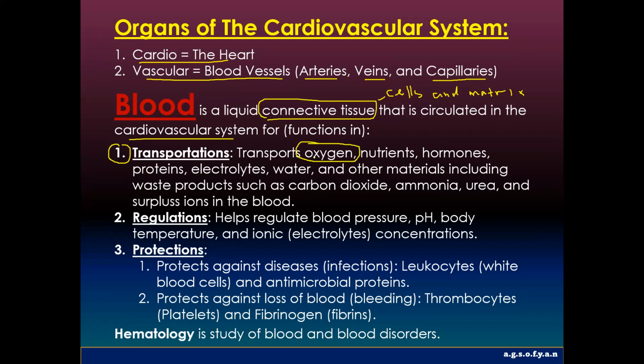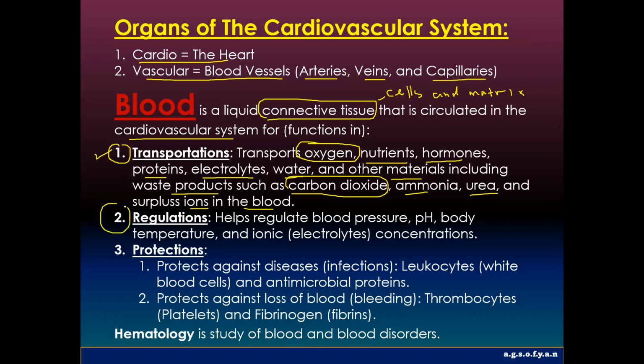In addition to oxygen, blood also carries nutrients like glucose, amino acids, hormones, proteins, electrolytes, water, and other materials, including waste products such as carbon dioxide, ammonia, urea, and some surplus of ions in the blood. So this is the first function of the blood, transportation.